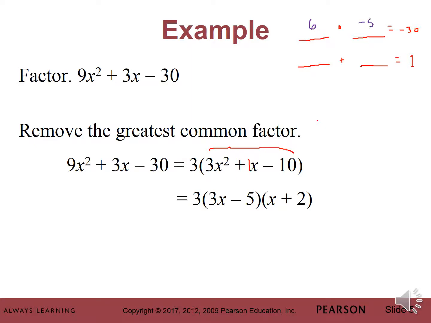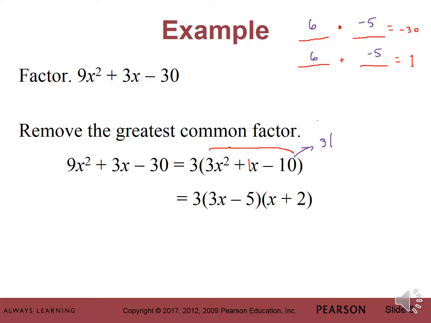So, what are the two numbers? Well, it looks like 6 and negative 5 will multiply together to make negative 30 and add together to make 1. 6 and negative 5.